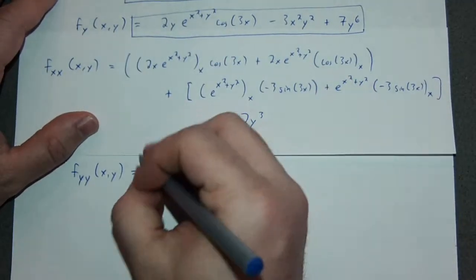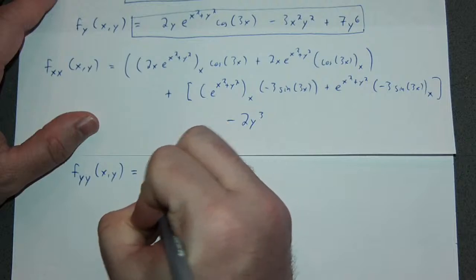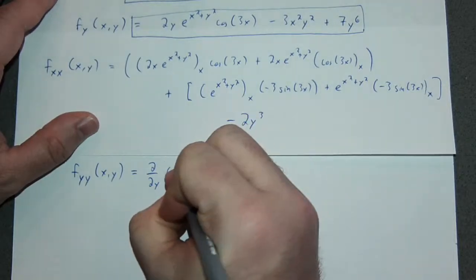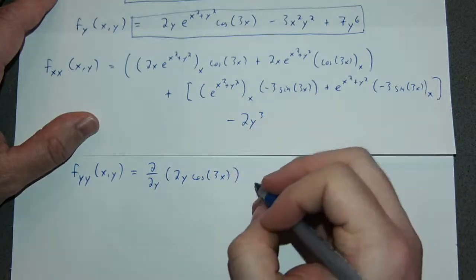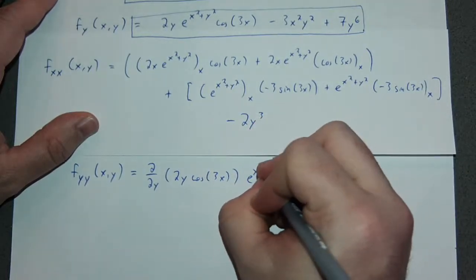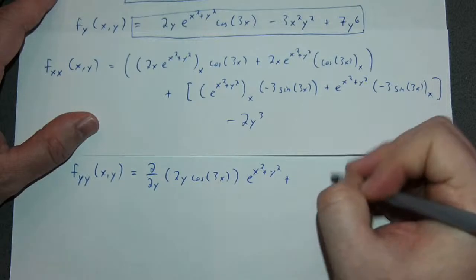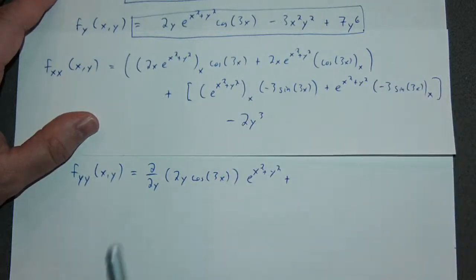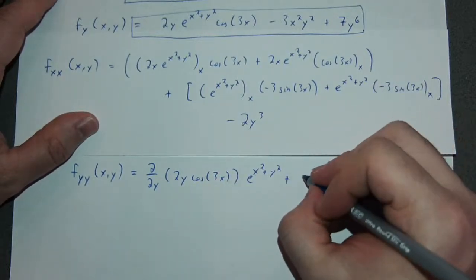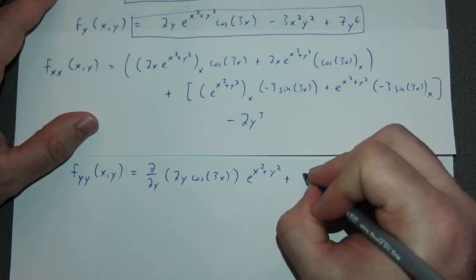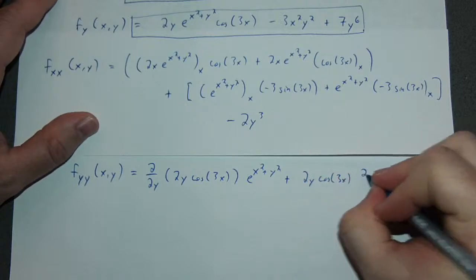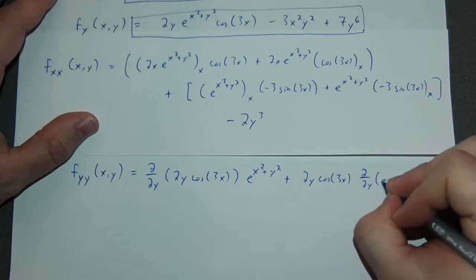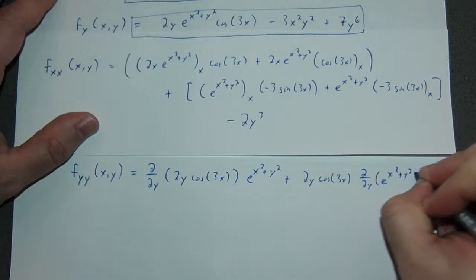So I'm going to write this as the y partial of 2y cosine of 3x times e to the x squared plus y squared, plus 2y cosine of 3x times the y partial of e to the x squared plus y squared.